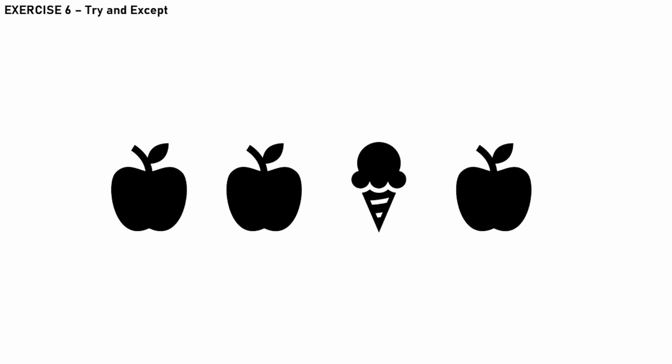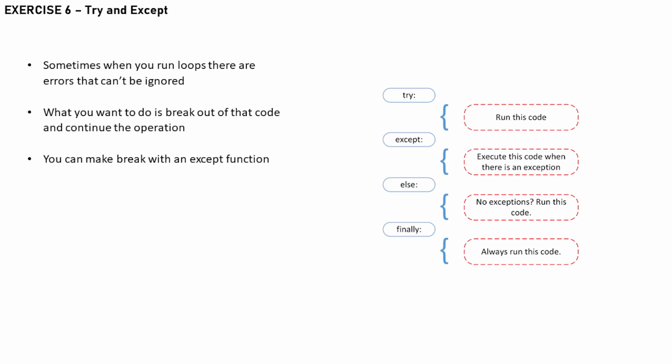Every loop I've shown you so far has worked out just fine because I made it that way. Sometimes it doesn't. Sometimes your data is not so clean, and you have to tell the code what happens when we get to a thing where the iteration has no idea what to do with it. Well, you can put in a try except. It's like: try, run this code, except when there's an exception, when it doesn't meet the requirements, do this instead.